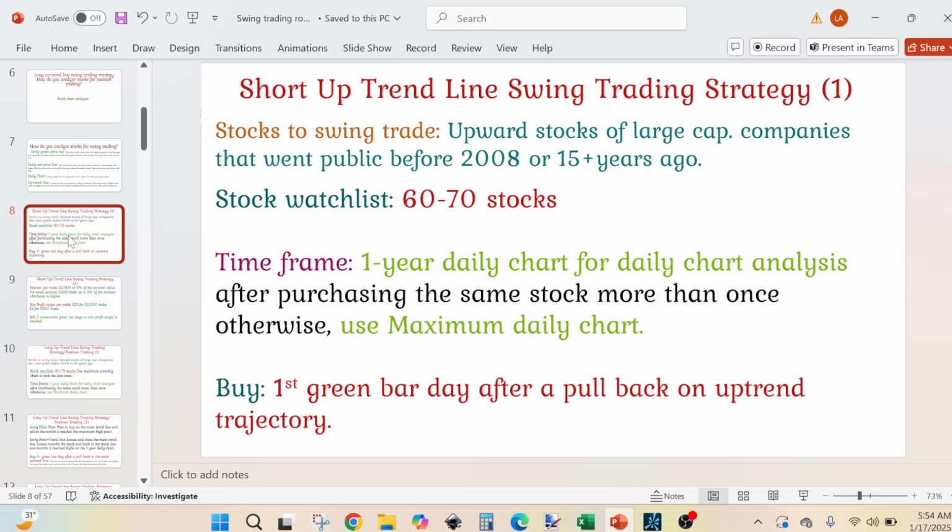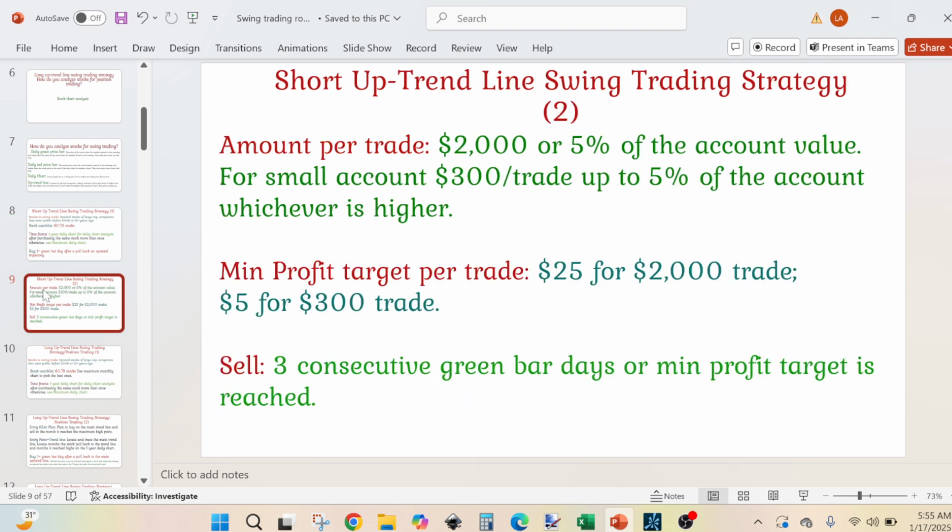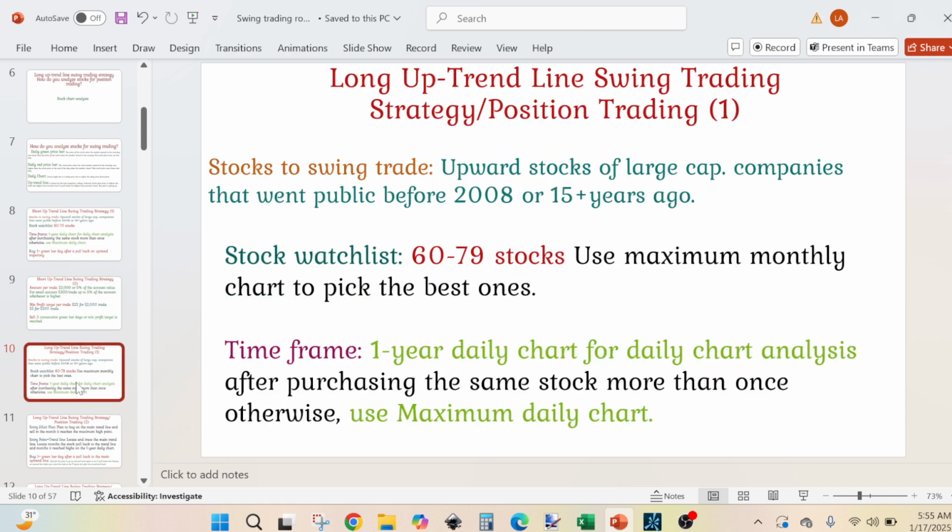We have our terminologies. Last year we used the short up to long swing trading strategy, where we buy and sell on the same side of the swing, allocating a smaller dollar amount per trade and targeting smaller profits. But this year we are going to use the long up to long swing trading strategy, or position trading, because we are going to be waiting to buy at a long trend line, which usually is quite low.